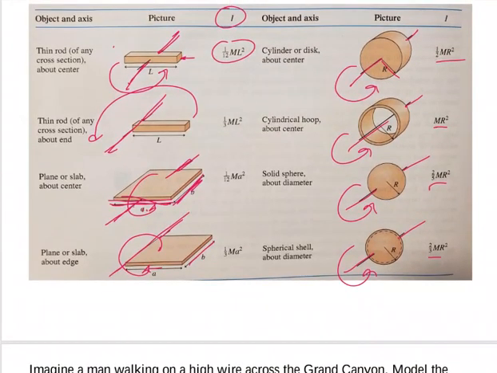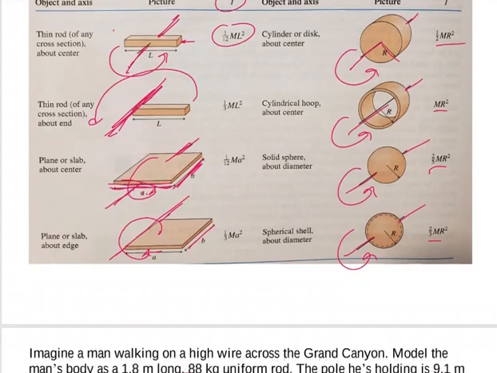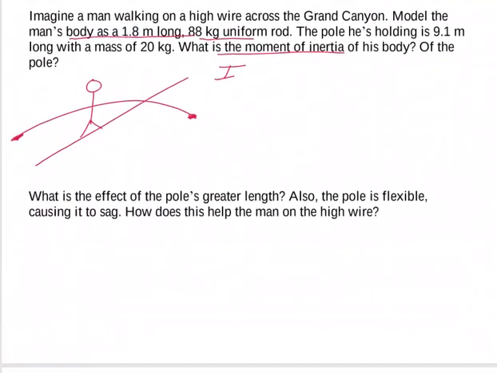How is he going to rotate if he rotates? He's going to rotate like the 1/3 ML squared, like the second one, right? If he rotates, here's the wire. He's rotating like the 1/3 ML squared. So I equals 1/3 ML squared.